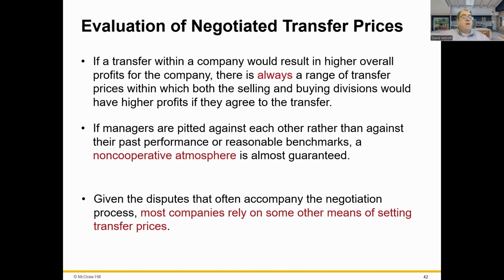Nonetheless, if managers are pitted against each other rather than against their past performance or reasonable benchmarks, a non-cooperative atmosphere is almost guaranteed. Thus, negotiations often break down, even though it would be in both parties' best interest to agree to the transfer price. Given the disputes that often accompany the negotiation process, most companies rely on some other means to set transfer prices.